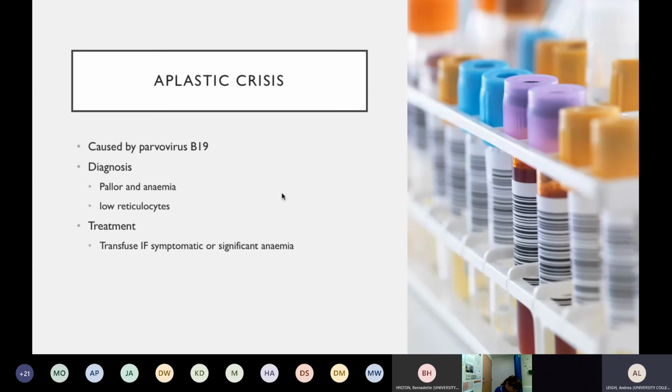As you're probably aware, for transfusions in sickle cell there aren't really any hard and fast rules. But you have to remember, if you've got no reticulocytes, you're not going to be generating any new red blood cells for the next week to 20 days. So if you've got low retics and anemia, you might be slightly nudged towards transfusing rather than waiting and seeing.